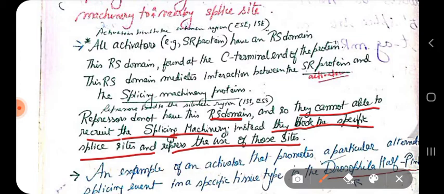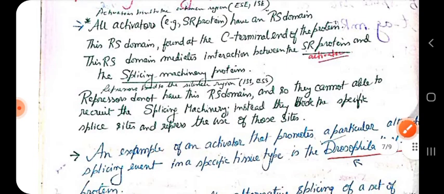It also blocks the splice sites by binding. So in this way repressors block the splicing process at that particular region. In this way the splicing process is regulated with the help of these two different types of protein which bind to these splice sites.